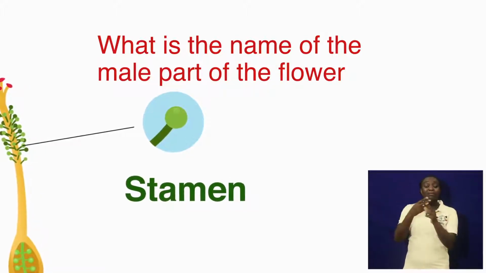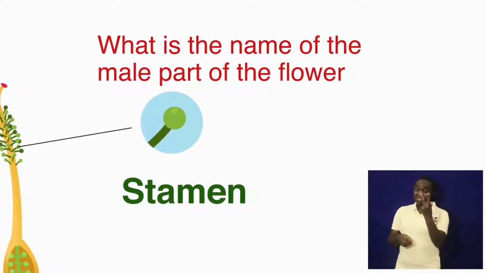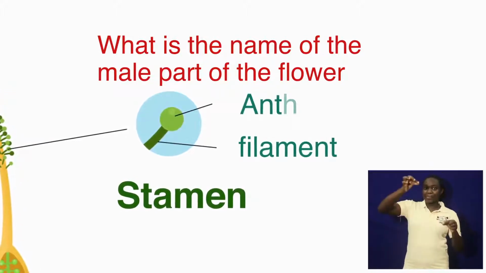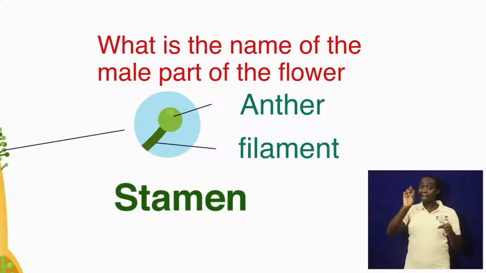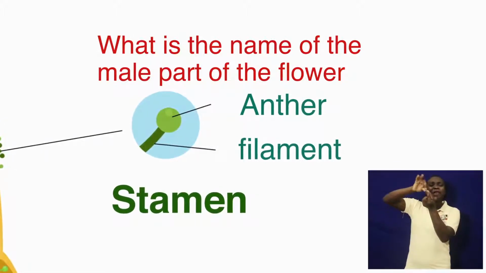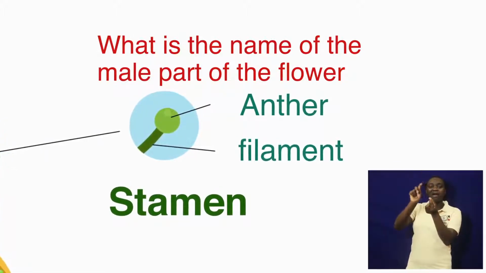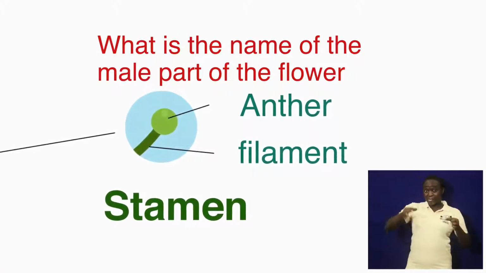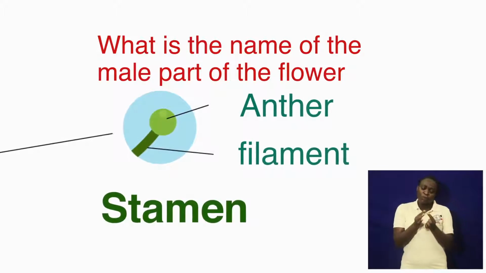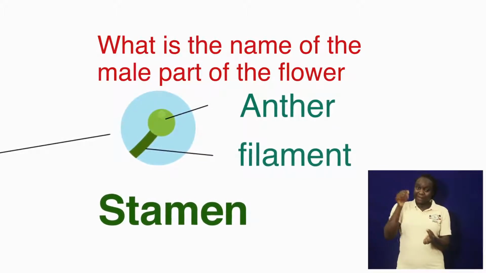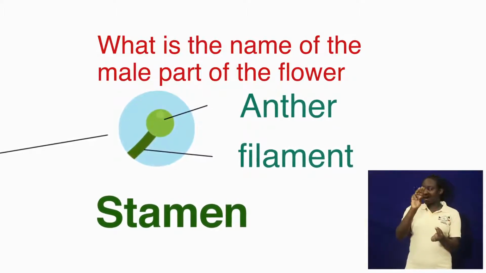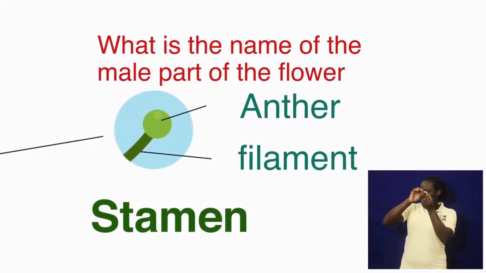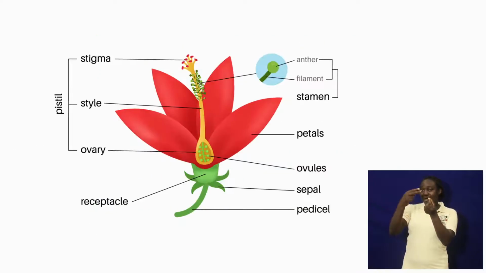Right? It has only two parts. The filament and the anther. Look at the spelling again. The filament is like a long, slender stick. And the anther is at the top of it.